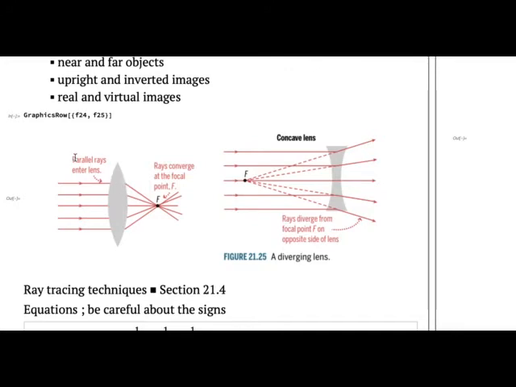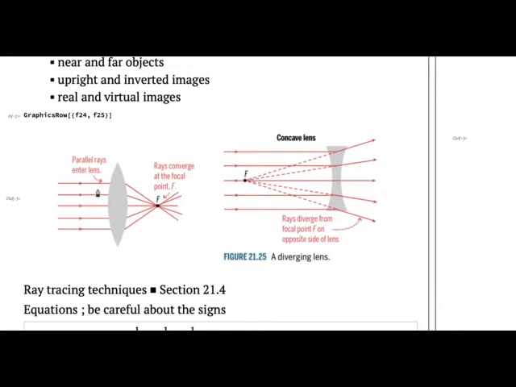And its shape is designed in such a way that a ray that is parallel to the axis of the lens will be bent by refraction and go through a focal point. So rays converge at the focal point.